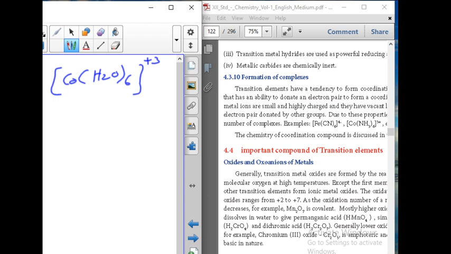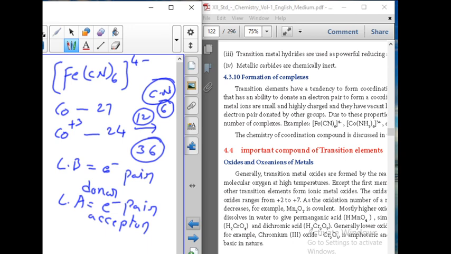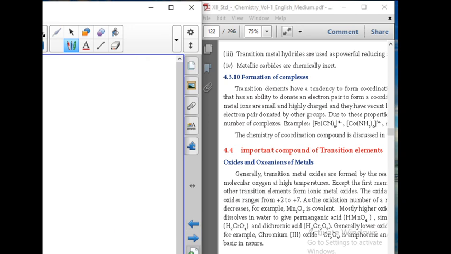So a lot of complexes we are going to discuss in the upcoming chapter. Next chapter we are going to discuss in detail about this Lewis acid and base.